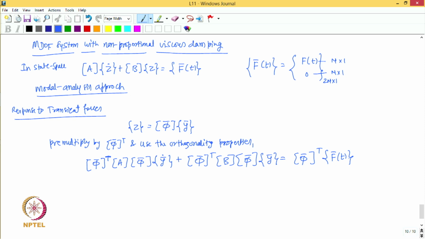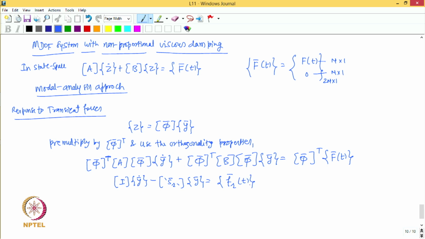And based on the orthogonality properties, this phi bar transpose A phi bar will be a unity matrix, y bar dot plus phi bar transpose B phi bar will be a matrix of eigenvalues, minus S bar r, into y bar is equal to a vector of modal forces, which we can write as F r bar t.